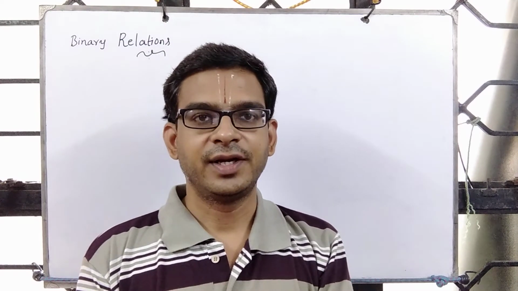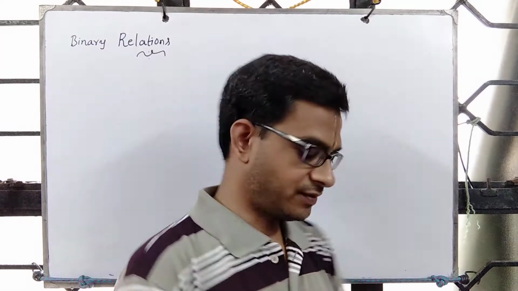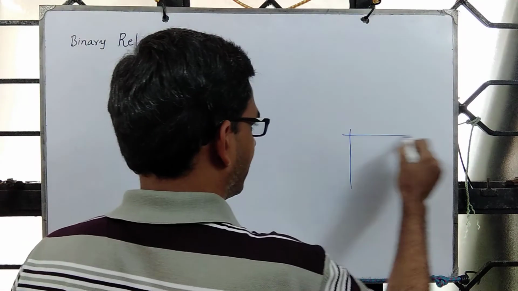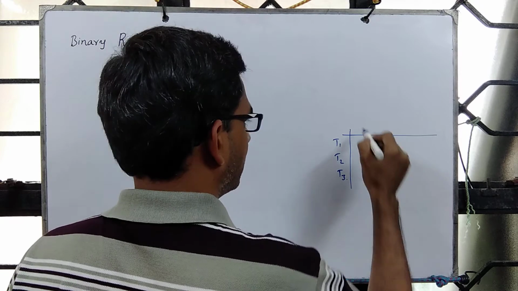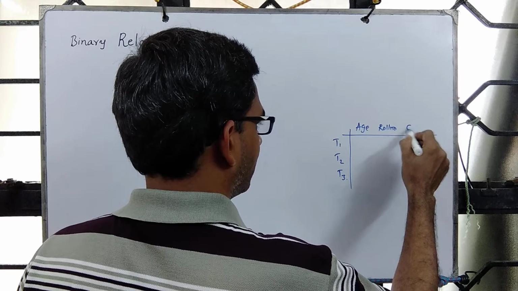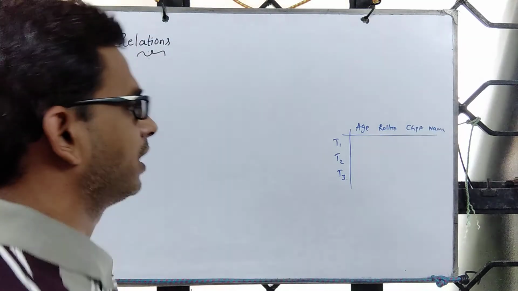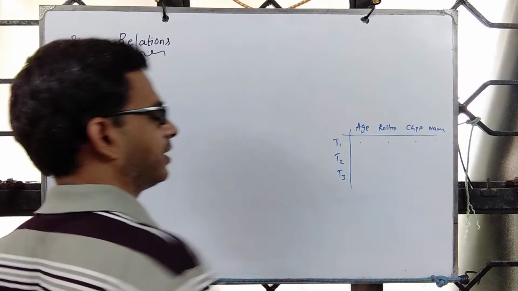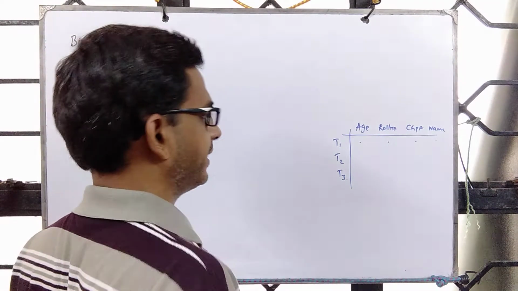Largely, we come across relations in the context of database management systems. For example, look at a table containing transactions or information about students, say age, roll number, CGPA, name; order doesn't matter. The values corresponding to a particular student form an entry in the underlying relation.